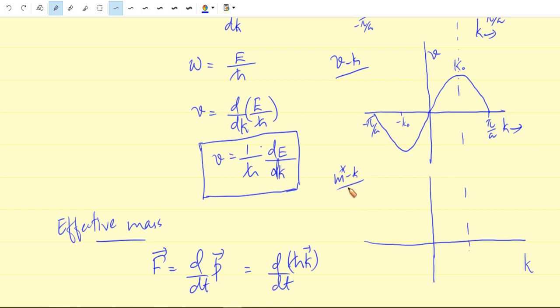Effective mass is inversely proportional to the slope of the v-k diagram. So the slope here is 0, here maximum slope. Maximum slope means the reciprocal will be minimum, and when velocity becomes maximum, the slope becomes 0. When the slope becomes 0, the reciprocal will be infinity. So this is the kind of graph we are getting.